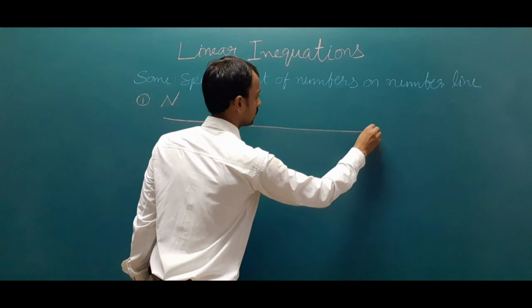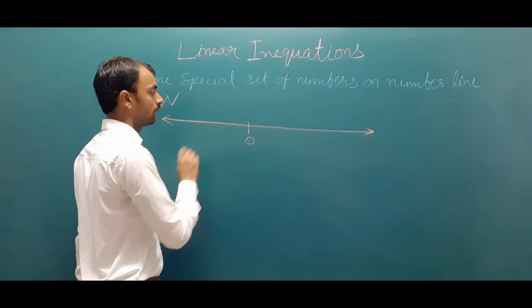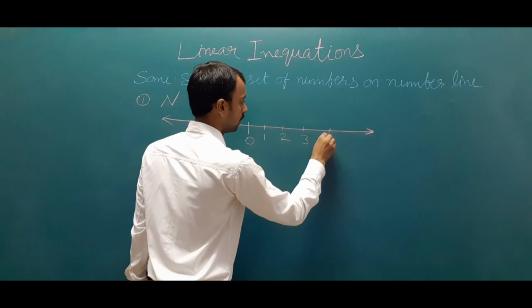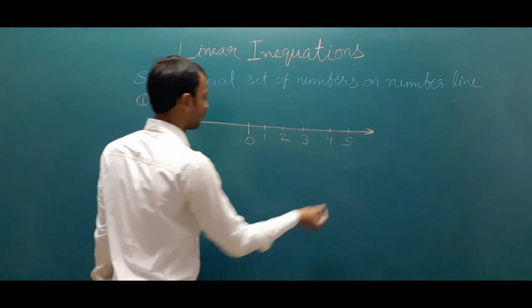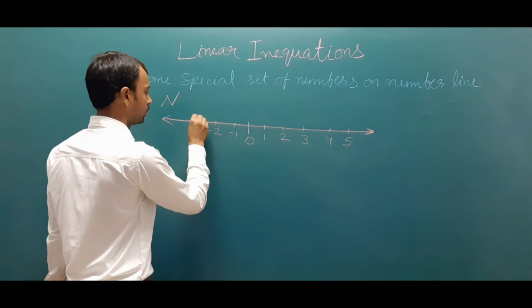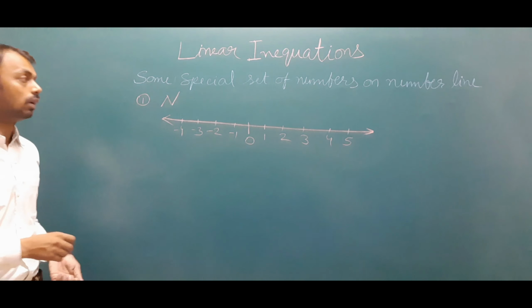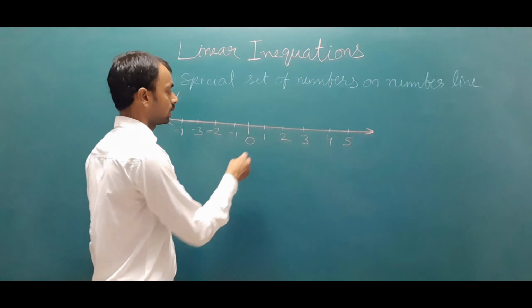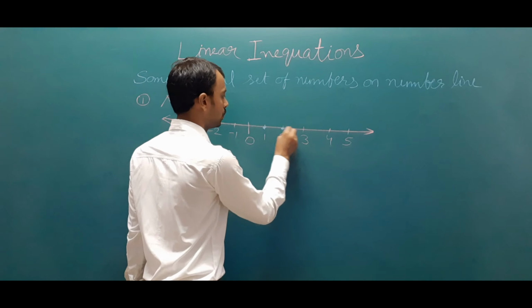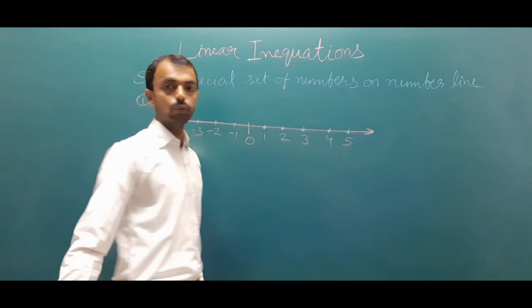In a general number line, there will be 0 in the middle, then 1, 2, 3, 4, 5 and so on, and on the left side of 0 there will be minus 1, minus 2, minus 3, minus 4 and so on. Natural numbers start from 1, so they will be represented by 1, 2, 3, 4, 5 and so on, going up to infinity.